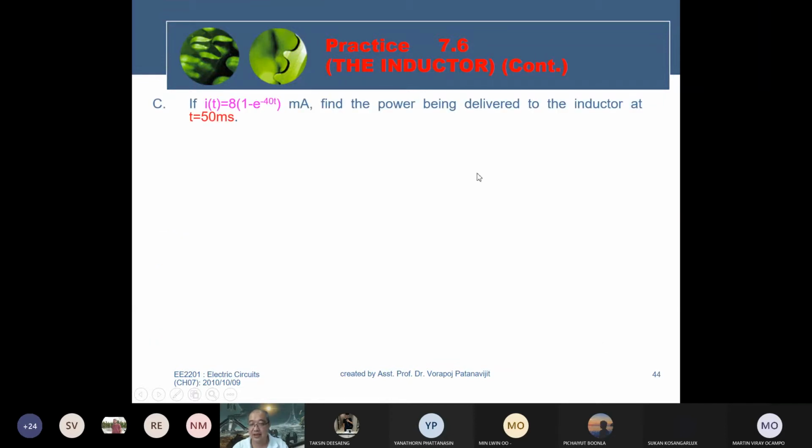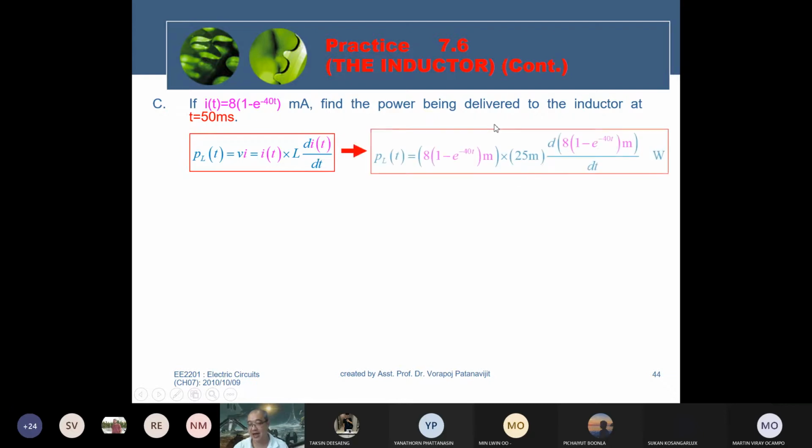The third one is more complex than the previous one. In this case, the question gives you I and asks you for power. But you know that from I, you can get V. VL equals L di/dt. Differentiate I to give V, and I will use in this term originally.